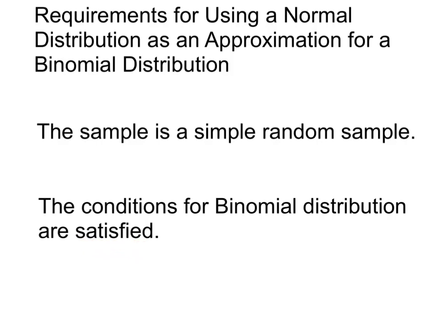That is, when we talk about the conditions for a binomial distribution, there must be a fixed number of trials, n trials. There are only two possible outcomes, success or failure, and the probability of success, P, is fixed, and the probability for failure, Q, is also fixed.